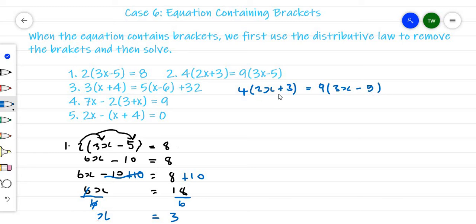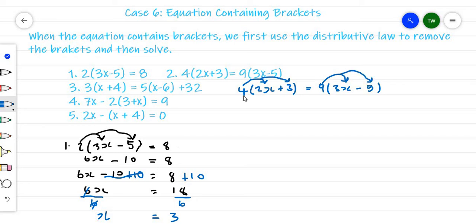Now, again, we're going to apply the distributive law to both sides of this equation. By doing that, we're going to take this 4 to multiply the 2x first, and then we're going to take the 4 to multiply the positive 3. Then we're going to go over to this side, and we're going to take the 9 to multiply the 3x, and then we're going to take the 9 to multiply the minus 5.